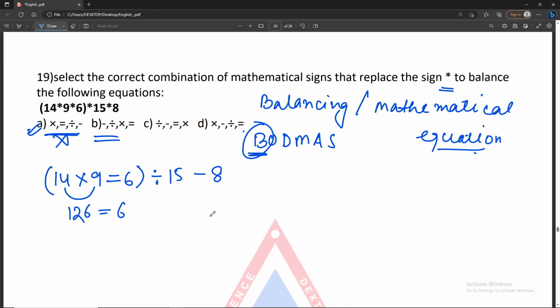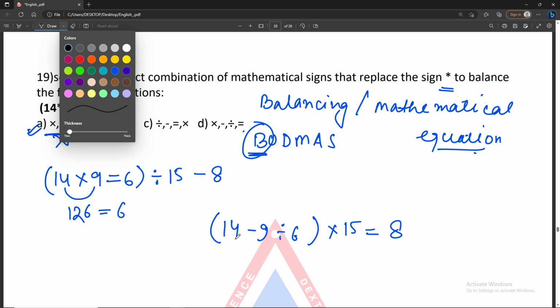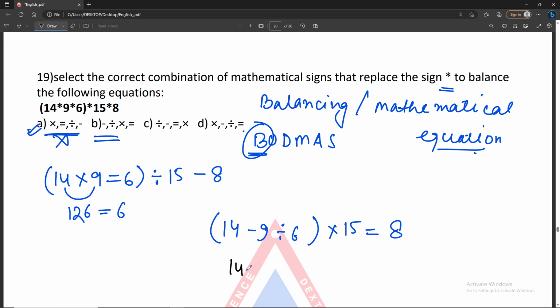Let's take the next one. 14 minus 9 divided by 6 bracket multiplied by 15, which is equals to 8.